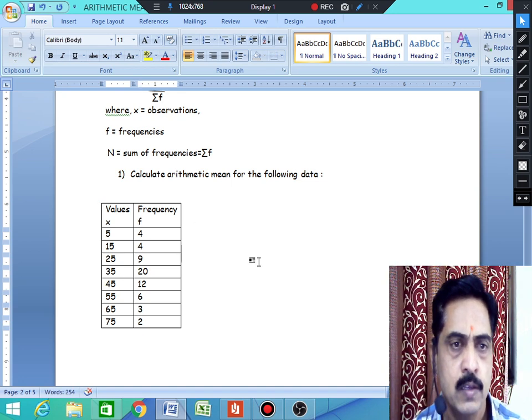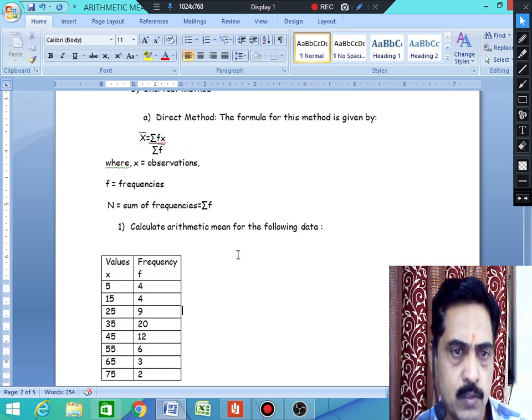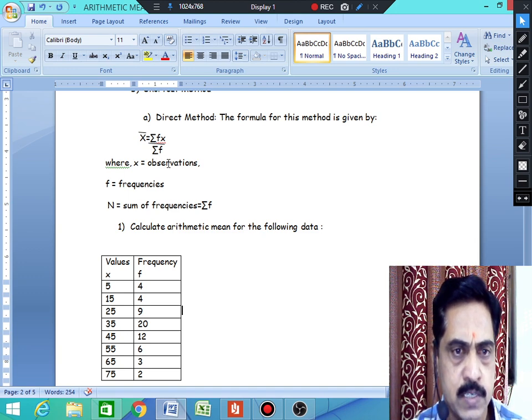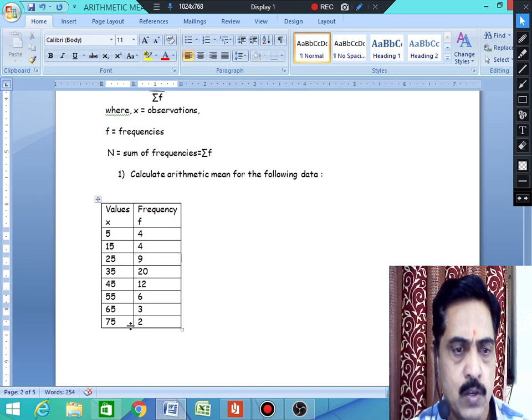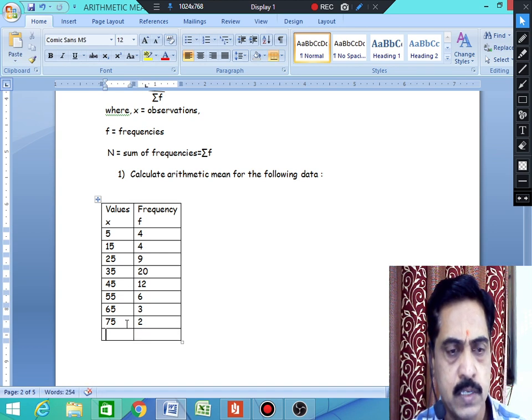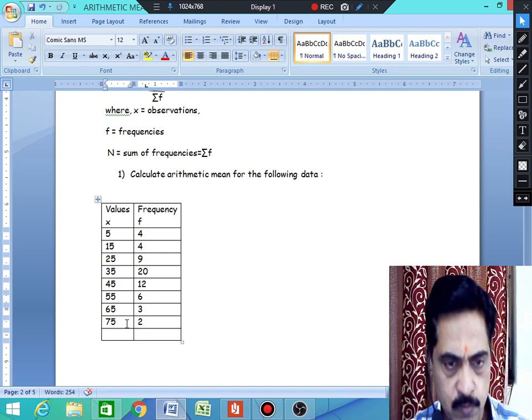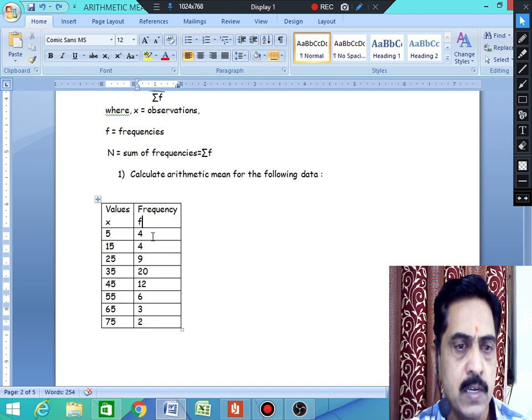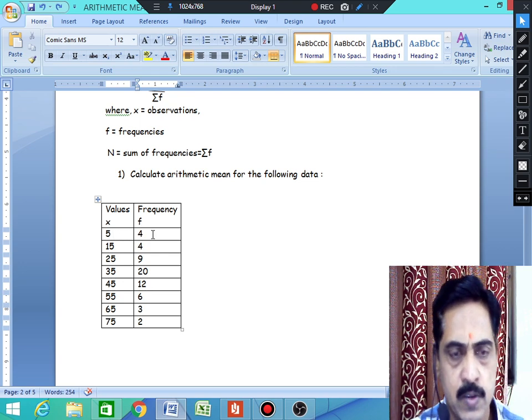Now, according to the formula, x bar is equal to summation of fx divided by summation of f. So here we have to calculate the summation of fx, that is the product of each x and f values.